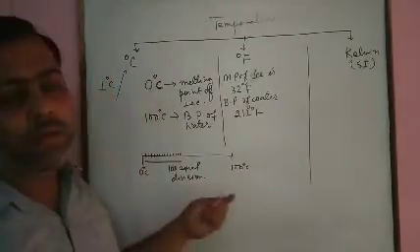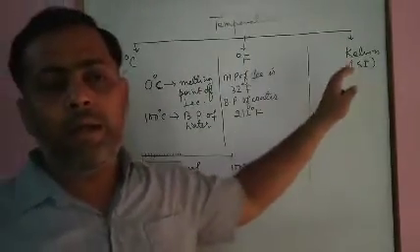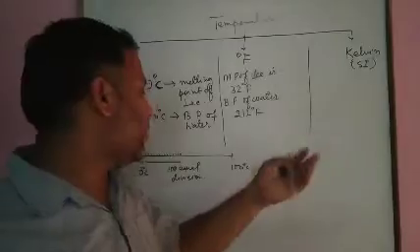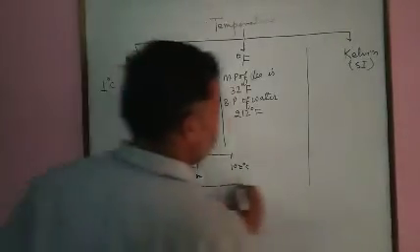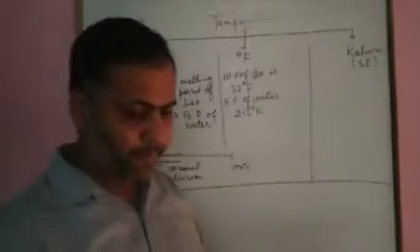If we want to convert degree centigrade into Fahrenheit, Fahrenheit into Kelvin, how do we convert? Let us discuss conversion: centigrade into Fahrenheit, Fahrenheit into centigrade, centigrade into Kelvin, and Kelvin into centigrade.